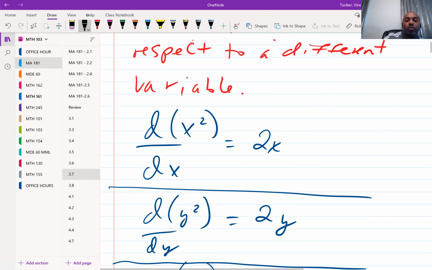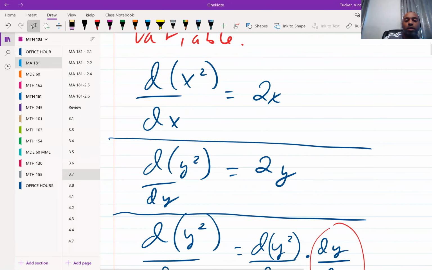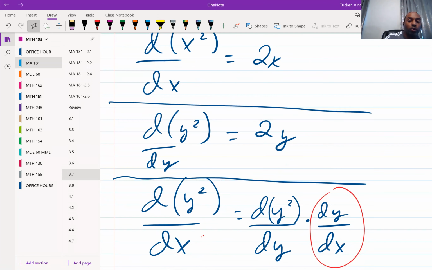Like I said, we are looking at taking the derivative with respect to a different variable. So if I had the derivative of y squared with respect to x, you're going to take the derivative of that function with respect to y, and then what's left is the derivative of y with respect to x.